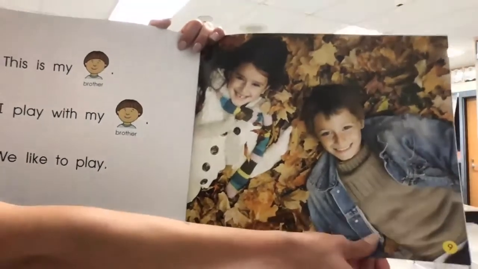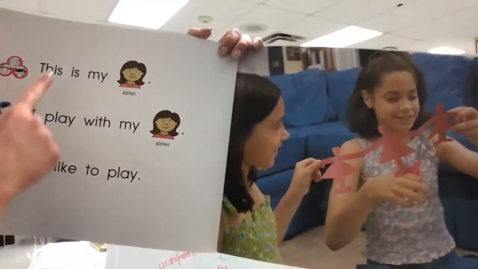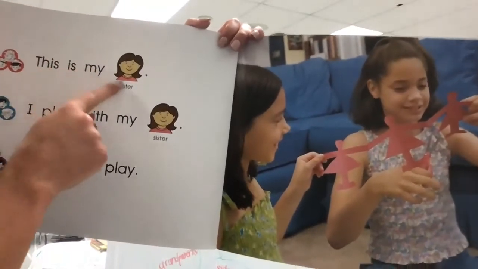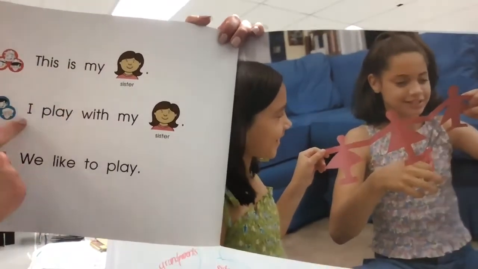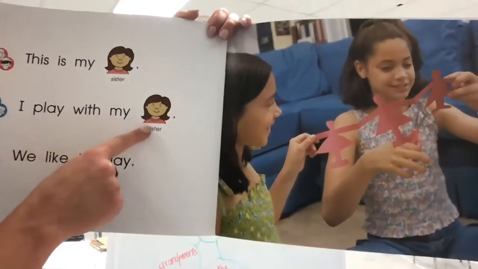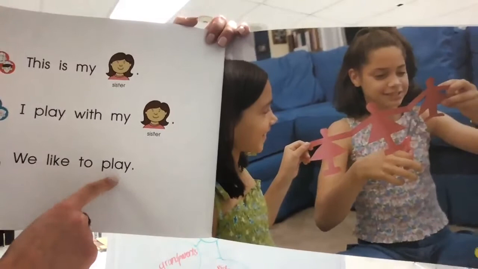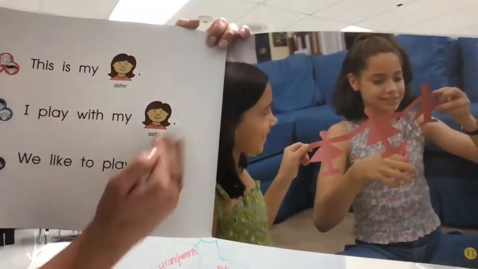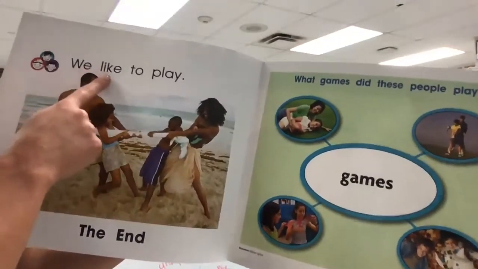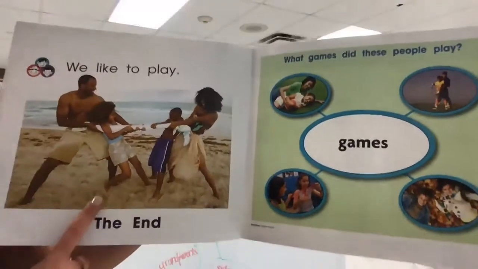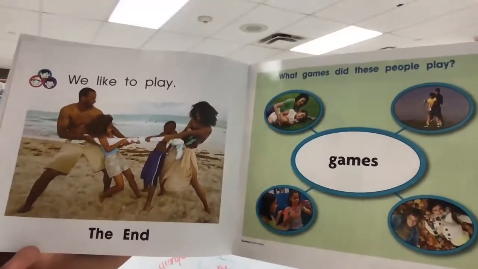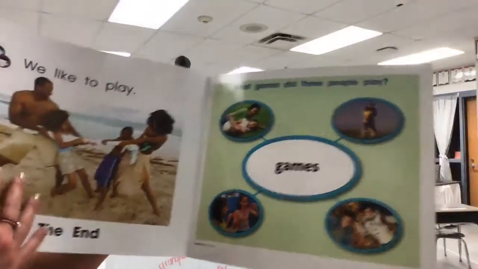Looks like they're playing in the leaves like Amelia Bedelia did. This is my sister. I play with my sister. We like to play. Ooh, I keep seeing that same sentence over and over. That's helping my brain get to know those words. We like to play. The end. Looks like they're playing in the sand tug-of-war.